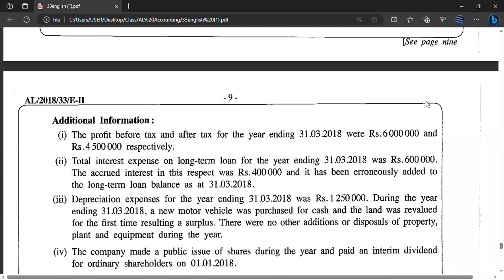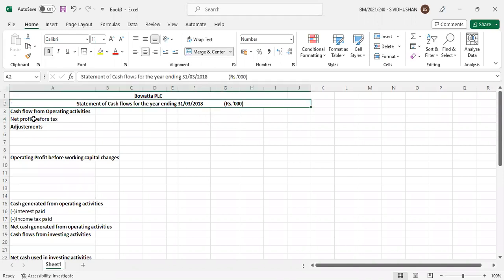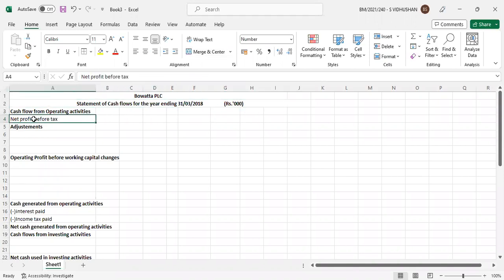Here we need to record the net profit before tax of 6 million. I'm going to do this in rupees in thousands, so I'm going to record 6 million.